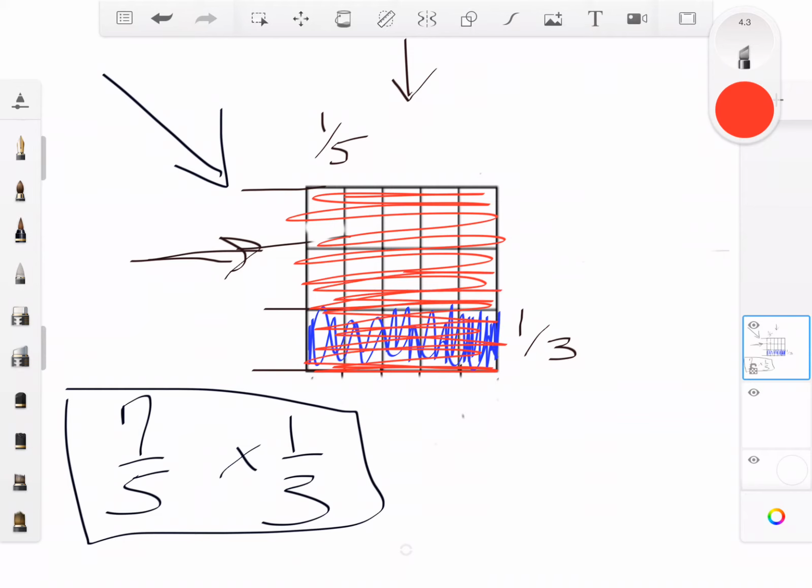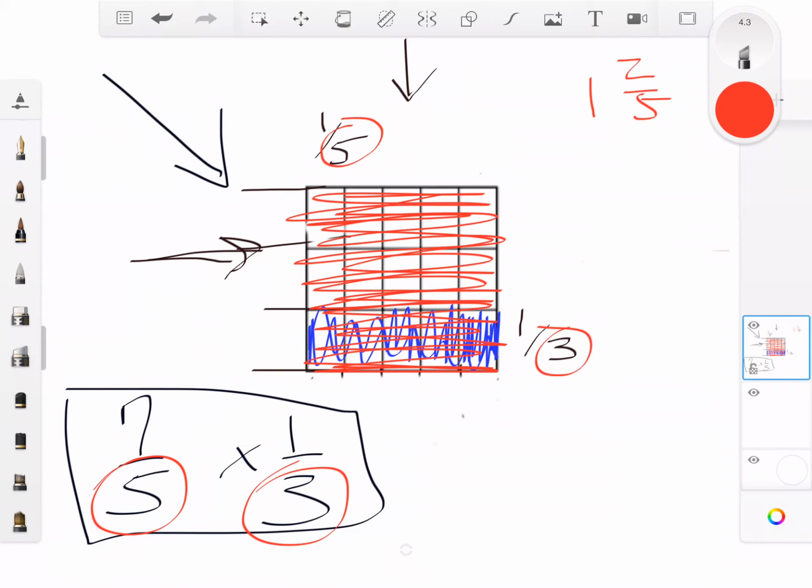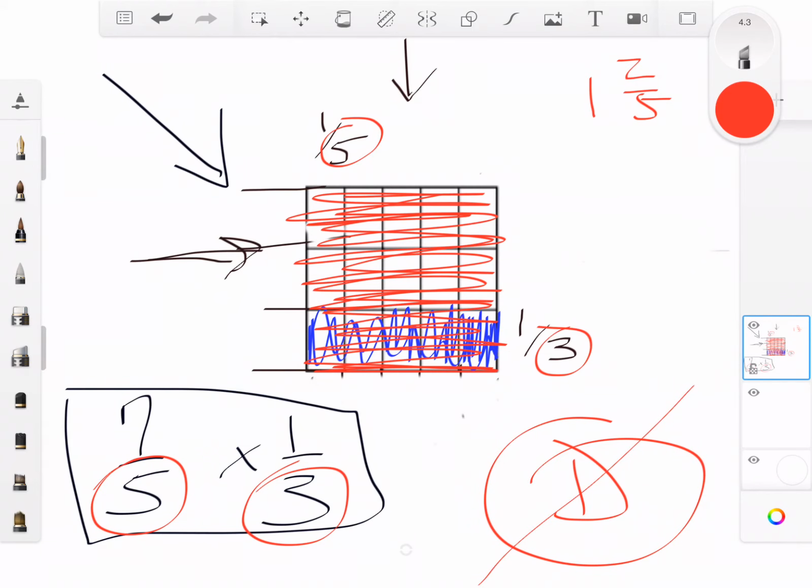But there is not a picture provided to model more than 1. 7/5 is an improper fraction that would be equal to 1 2/5. You can't show that with the picture that they have here. So even though the denominators match, it's still not a correct answer. D is no good because 7/5 is greater than 1, and we don't have a picture of that here.